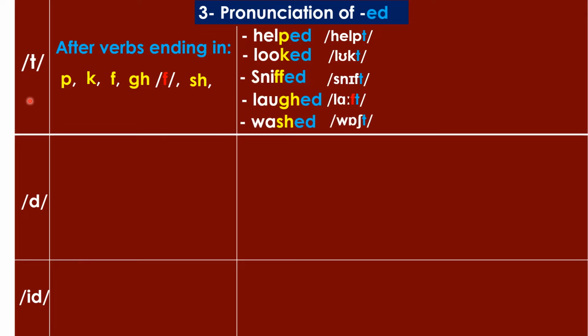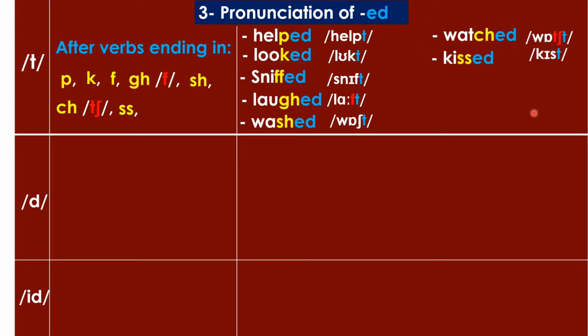And this is the phonetic transcription of the verb. After ch, pronounced as ch, so, for example, we have here watched, and this is the phonetic transcription of the verb. After ss, as in, for example, kiss, kissed.